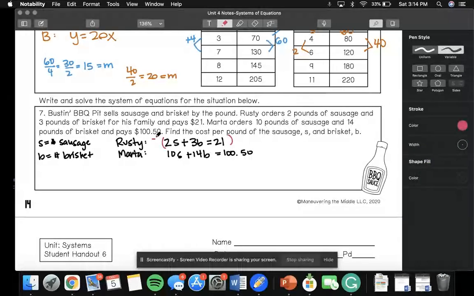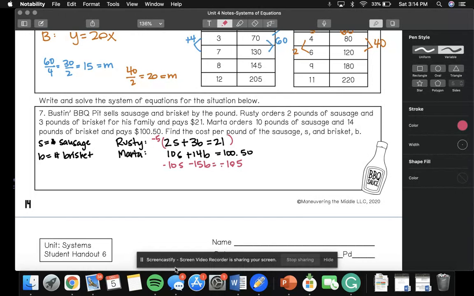So I'm going to multiply everything by -5. I'm going to get -10 sausages, -15 briskets, and -105. I'm going to check that real quick.